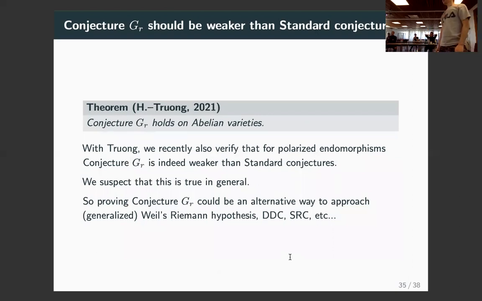So as I said, we can show that conjecture GR holds on Abelian varieties, and so we suspect that this conjecture GR is true in general. And so conjecture GR could be an alternative way to approach the generalized Lefschetz hypothesis.